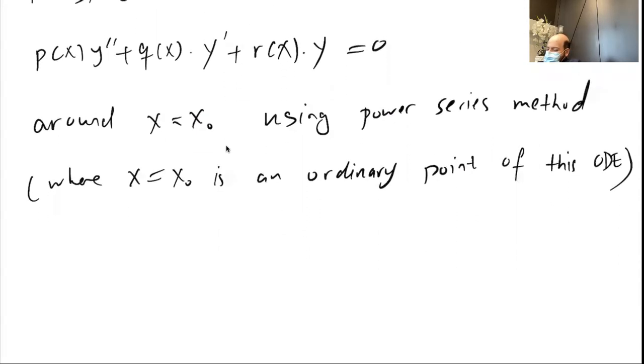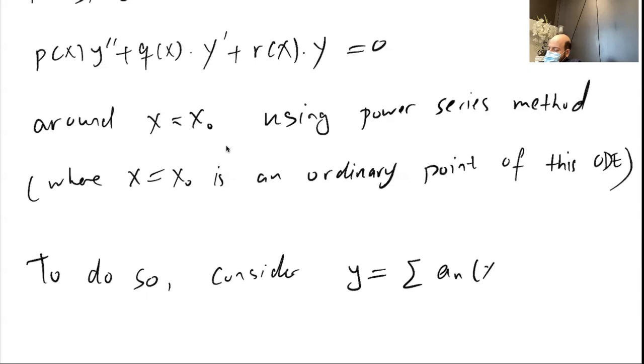So now what will be the procedure to find a solution? To do so, consider y equals a power series of the form sigma a n times (x minus x naught) to the power n, from 0 to infinity.